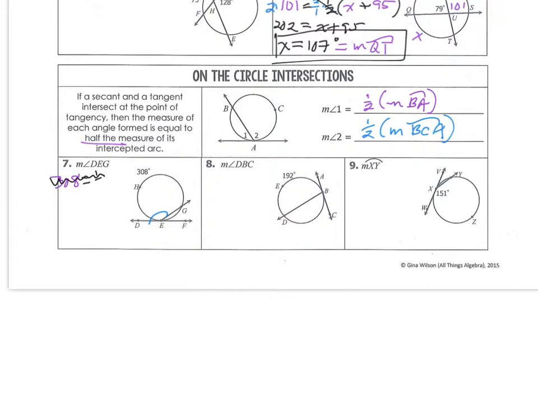I don't know. Where did I put the 308? I put it where the angle goes, right? Oh, yeah. So I want the measure of the angle, which is DEG, is equal to half of 308. I'm just going to try to prove to you that it's easier to think in terms of our inscribed angles that we did a couple of days ago. So what's half of 308?